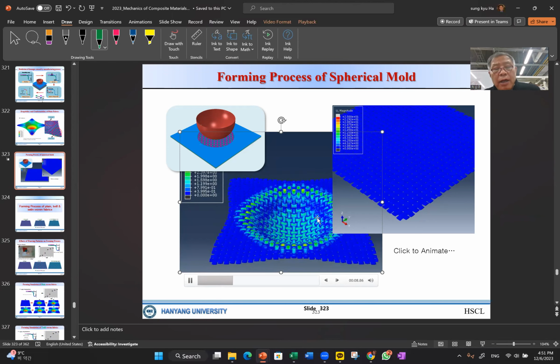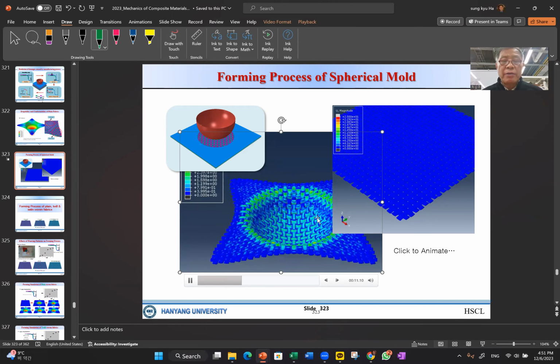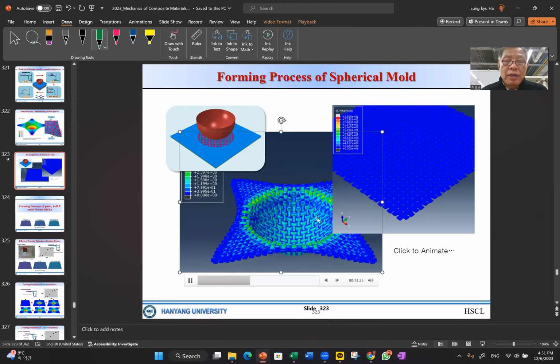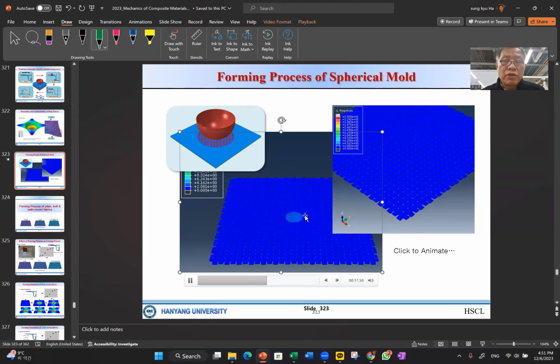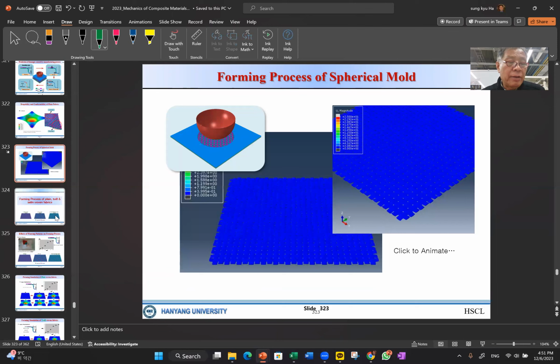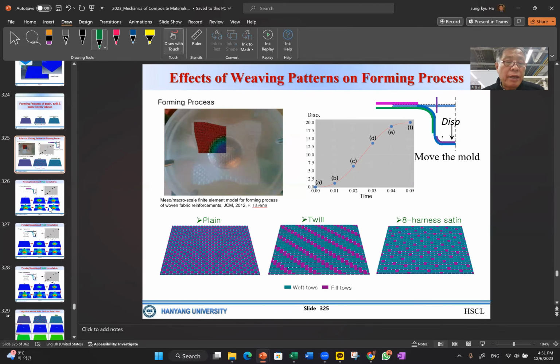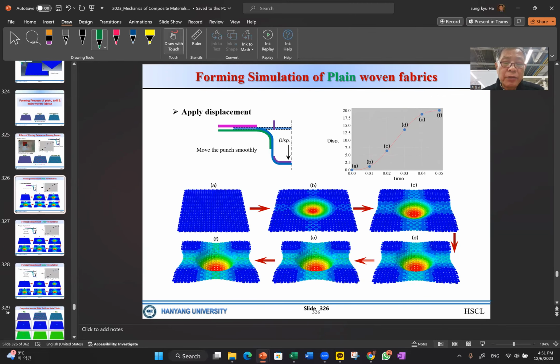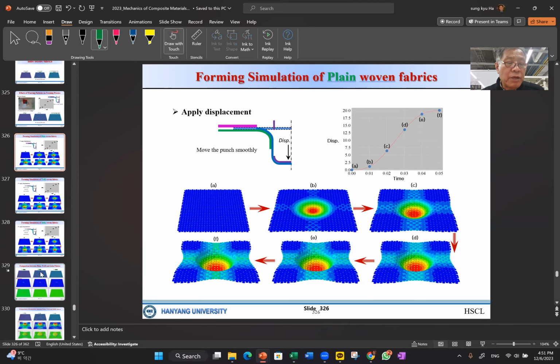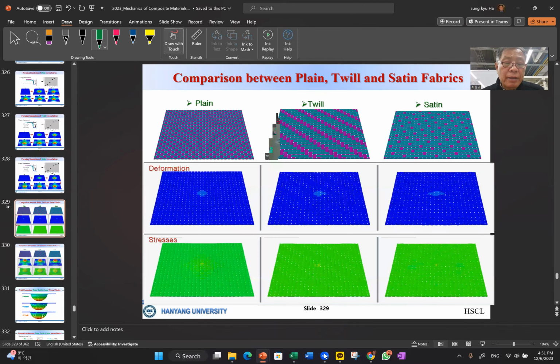It's just how this fabric, dry fabric, or thermoforming deforms. You can imagine there's a resin there, but you understand how this dry fabric will deform. This is an experiment, and depending on all the layup or open fabrics, we can do this kind of simulation.